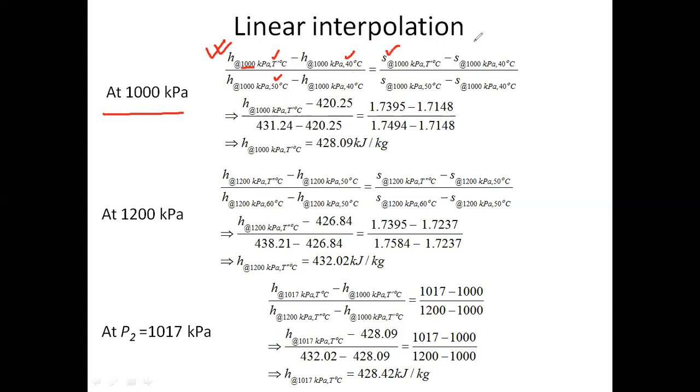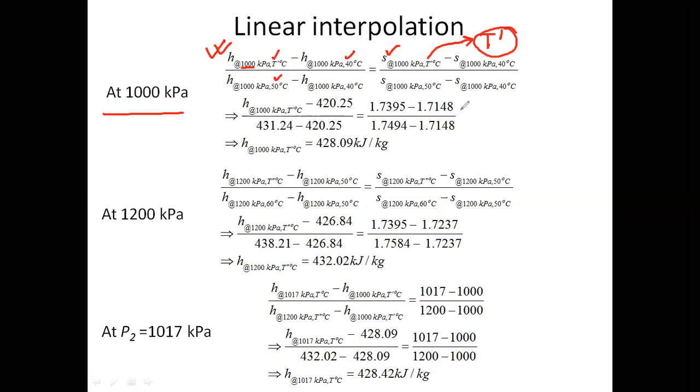Please note that this T prime is not known. It is in between 40 degree and 50 degree centigrade. We can determine in the same way, just by replacing H with T, the value of T prime. But in this problem, we need not calculate T prime. So simply we will calculate enthalpy only.